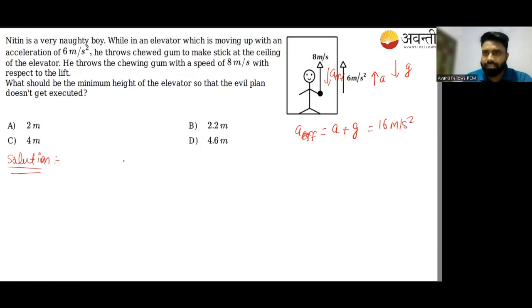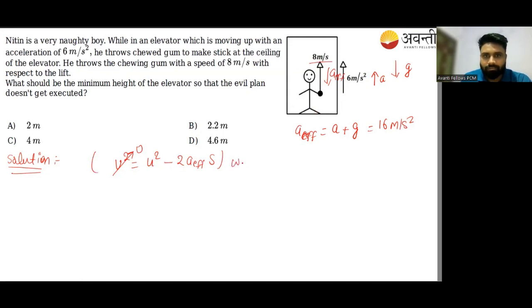Now we need to calculate the S. What will be the minimum height? When it attains the maximum height, the velocity at that point will become 0. So we are going to apply the third equation of motion, which is V square equals U square minus 2 A effective into S. Now, V is going to be 0, and U is 8 meter per second with respect to the lift.